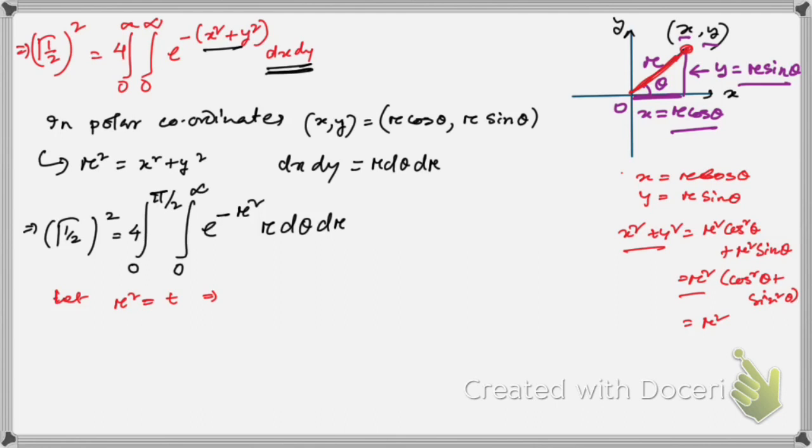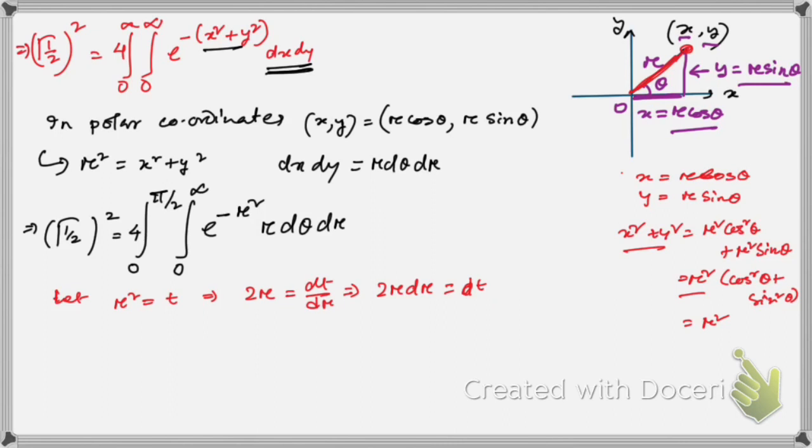So if you differentiate both sides with respect to t, then what you will get, so differentiating both sides, you will get 2r dr on one side, and on the other side dt. So we can write that 2r dr is equal to dt. That is what we have got, right?